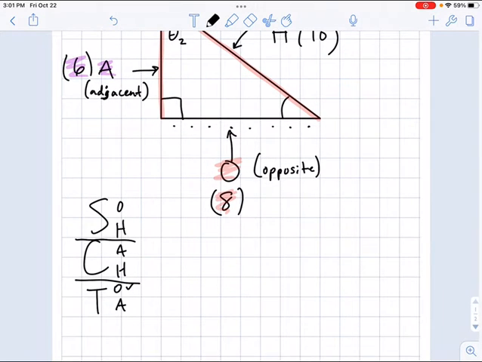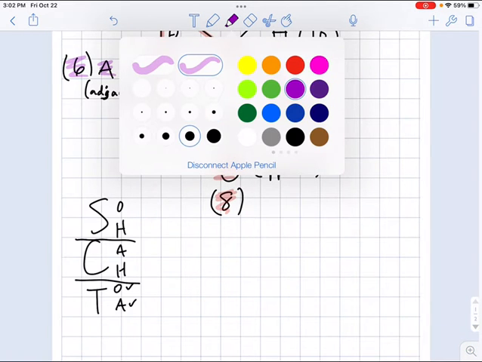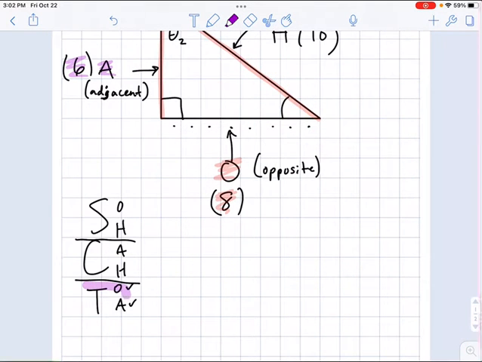Now, if we have the opposite and the adjacent side, we'll be using the tangent relationship. So let's do it now. We'll say tangent of theta equals the ratio of opposite to adjacent. That's what TOA means, okay, tangent, opposite, adjacent.